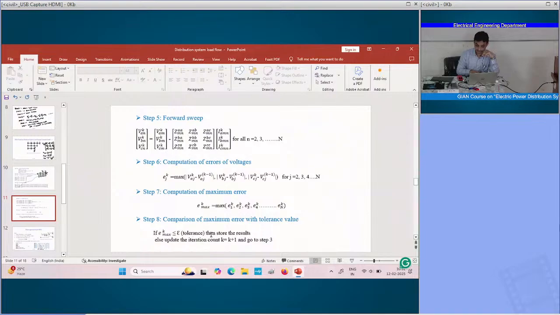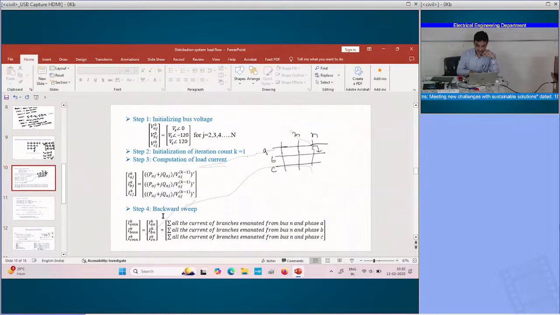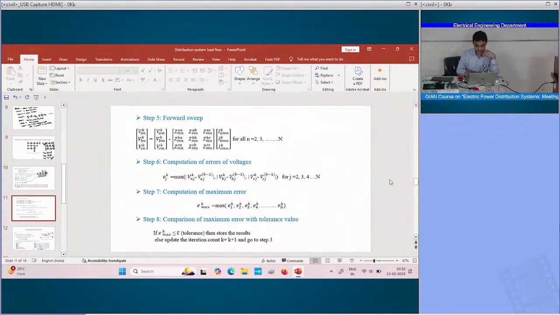If it is not less than the tolerance value, then we go back to the earlier step, starting our iteration count at k plus 1. For the second iteration we calculate our load current, then again the branch current, followed by the node voltage calculation. So that is okay. Any query regarding this?